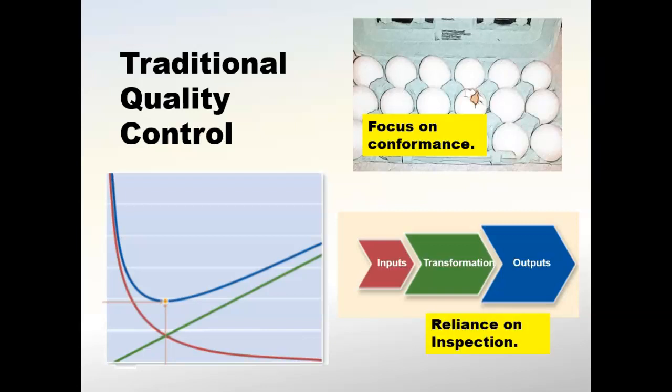A traditional view of quality focuses on conformance to specifications, so implementation relies heavily on sampling and inspection. Since inspection is the cornerstone of this style of quality management, such a program often employs full-time inspectors.